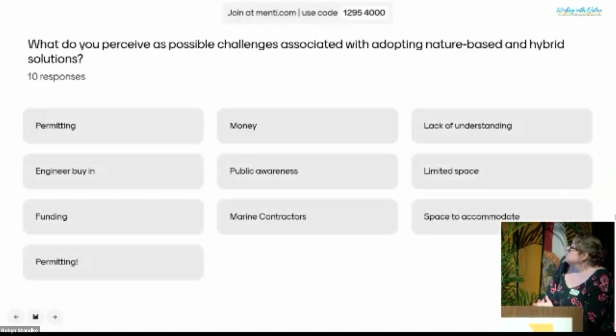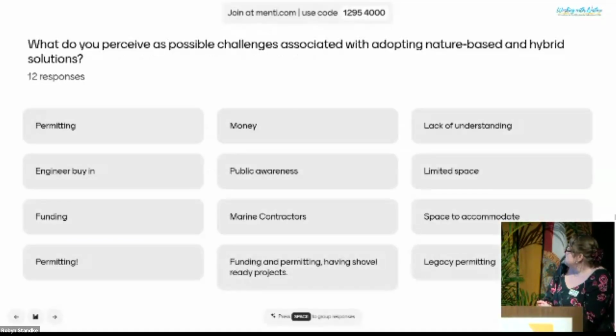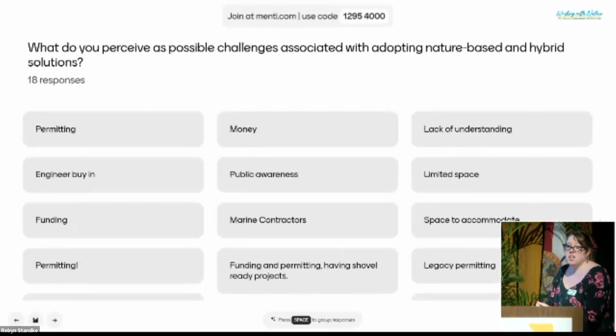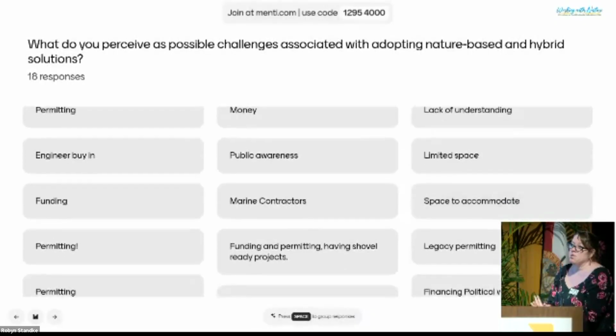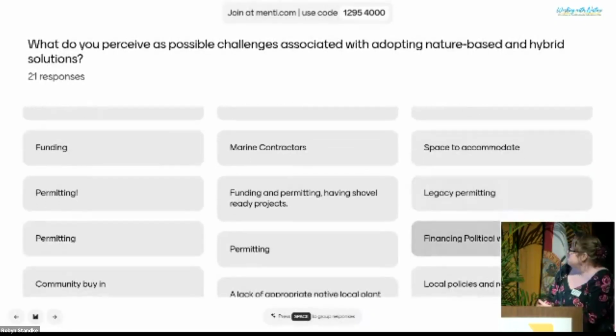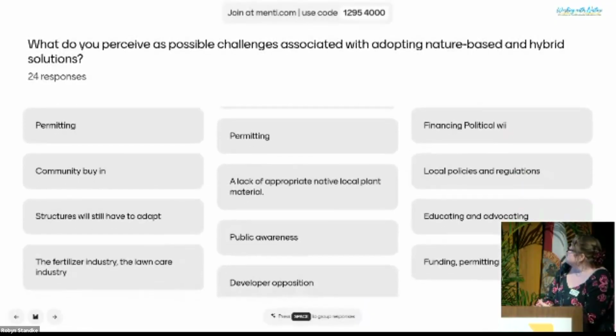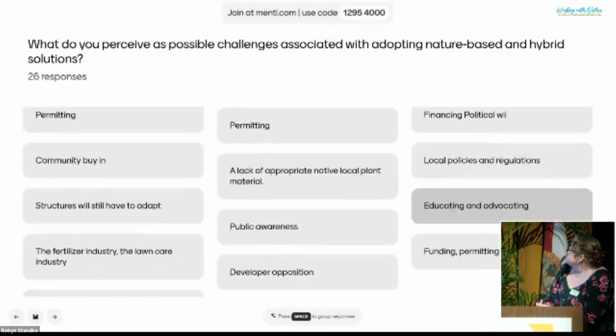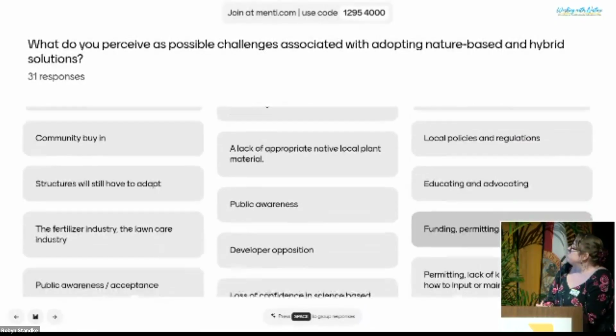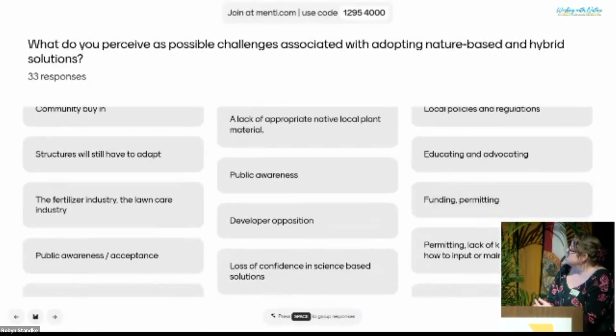Okay, engineer buy-in. Okay, space to accommodate. That's something that came up in some of the conversations. Not every place has the space to install and put in certain options. Financial, political will, policy and regulations. So we see funding and permitting coming up quite a lot.